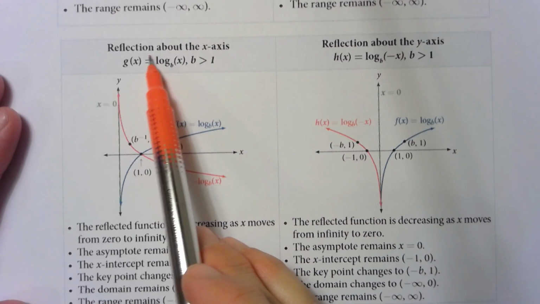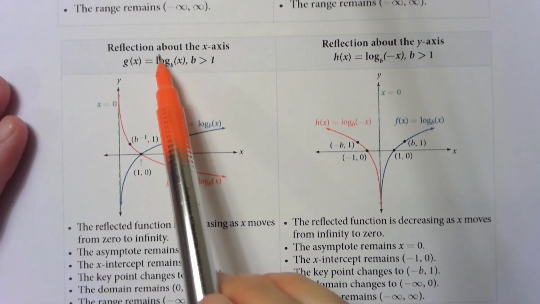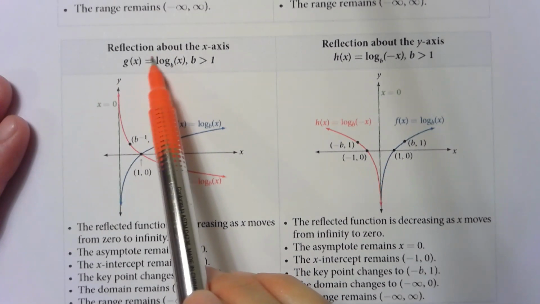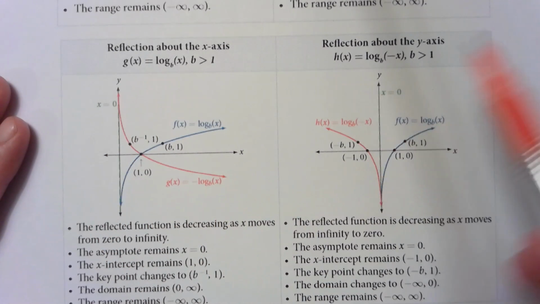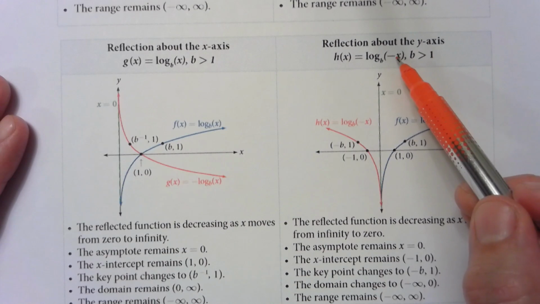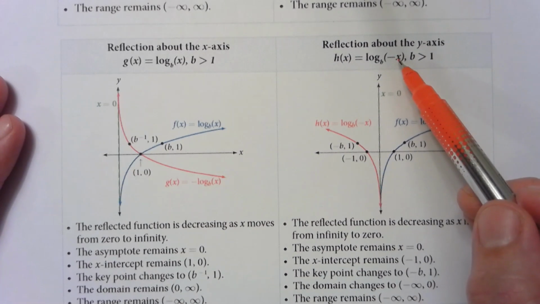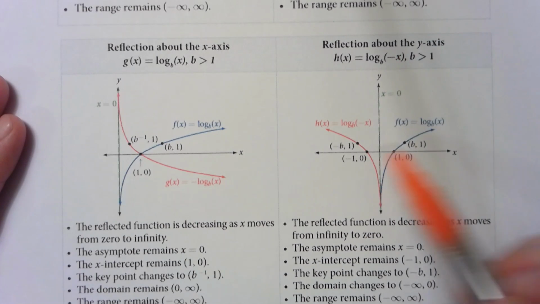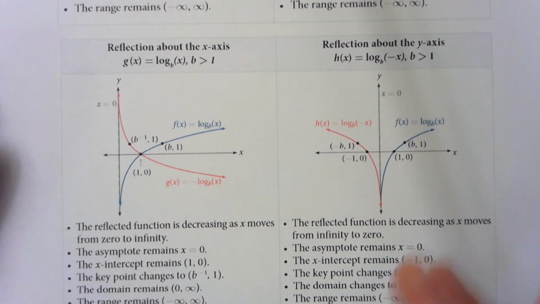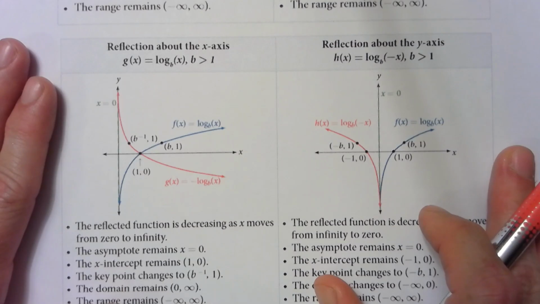That's the way that I would like for us to learn this one. If there is a negative here in front of the function, it's going to reflect over the x-axis. And then it reflects over the y-axis, just like we learned before. If the negative is inside the function in front of x, it reflects over the y-axis. These should be exactly the same as what we learned before.